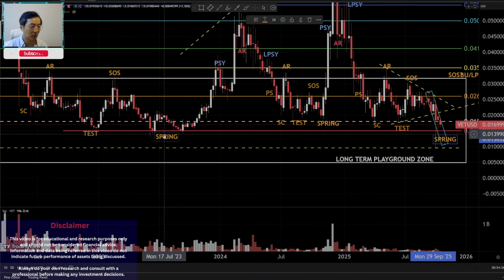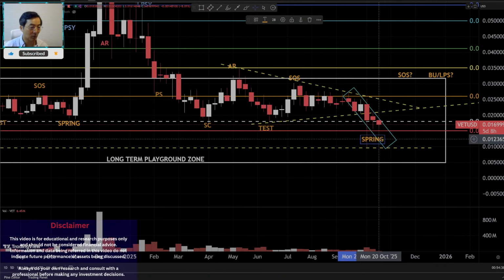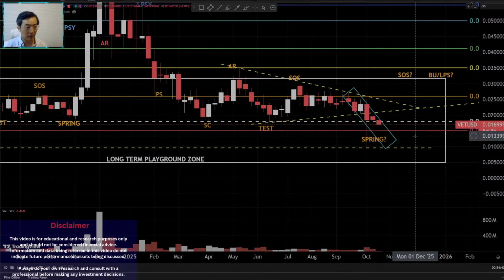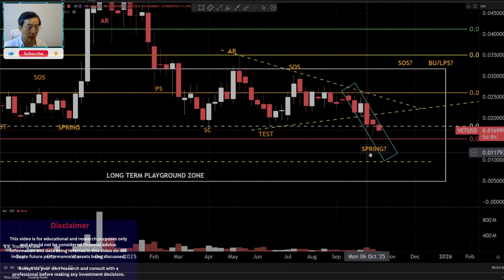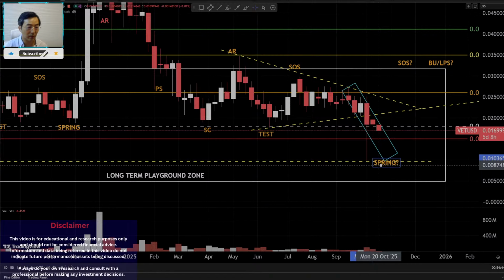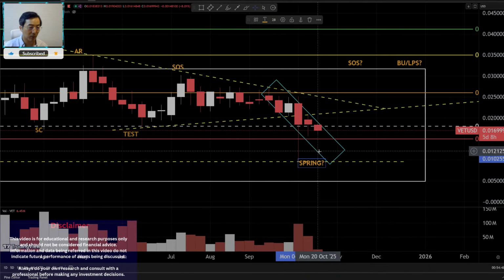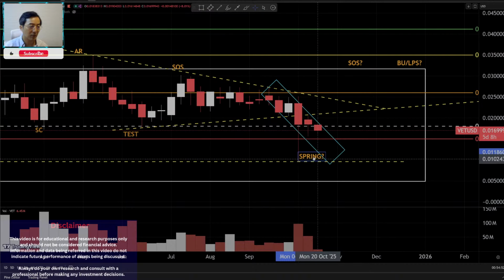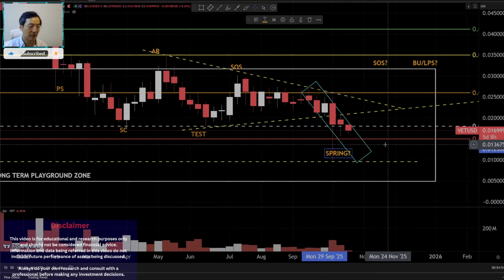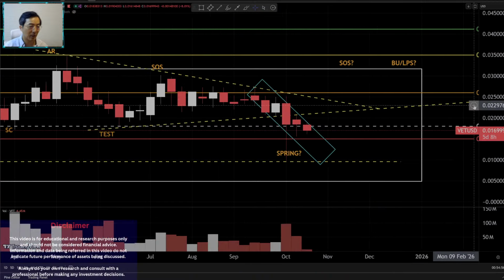Remember, it can go to the red, right? So this is still a question mark. How far deep would the spring go? Would it end at the red key level, or is it going to follow the downtrend, hitting the bottom edge of this downtrend box and finishing somewhere below the red? We are going to find out pretty soon.